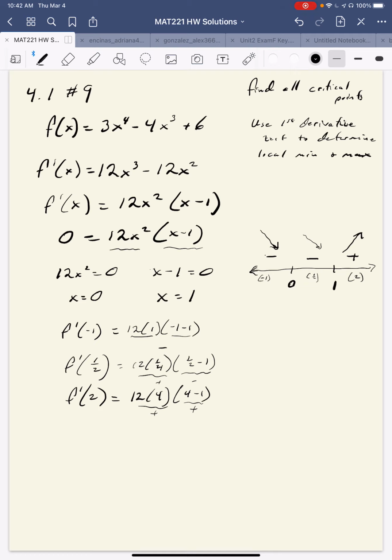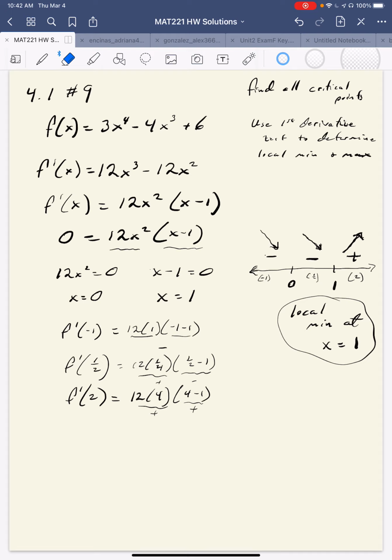Everything to the right of x equals 1, the graph is increasing. Since I have a negative first derivative on the left and a positive first derivative on the right, my function is decreasing to the left of 1 and then increasing to the right of 1, which means I have a local min at x equals 1. That is the local minimum I was able to find using the first derivative test.